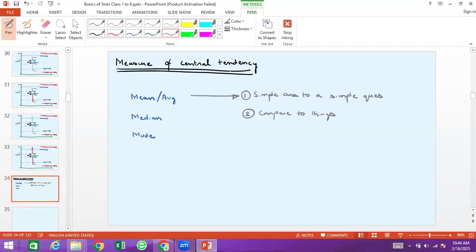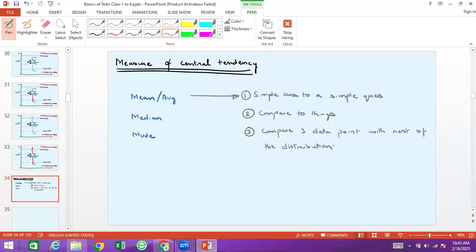And then the third situation in which we can use averages is to compare one data point with the rest of the distribution. When I want to compare one data point with the rest of the distribution.